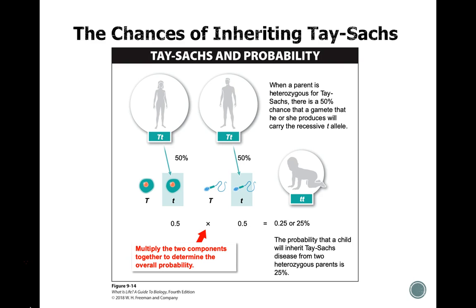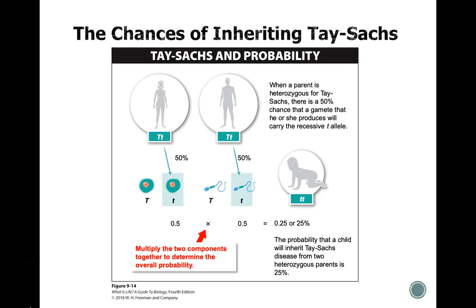And so we will look at something called pedigrees in a few minutes, which is basically a family tree of a genetic trait. But you can use the probability that mom has the allele and the probability that dad has the allele to determine how likely it is that the child will have it.